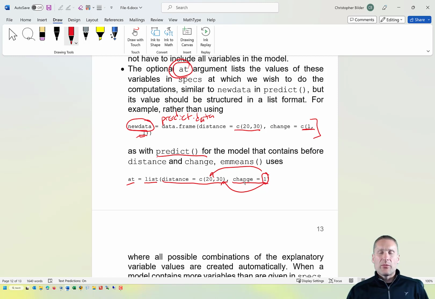You can automatically create the data frame right inside the function itself. Now, obviously, if you had a lot of different values of distance, a lot of different values of change, or if you had other explanatory variables, it makes some sense to do it outside the predict function. But when you only have a few values as we do here, you can do it right inside the predict function. In a similar manner, for the at argument for emmeans, you can create that list right inside of it if you wanted to.